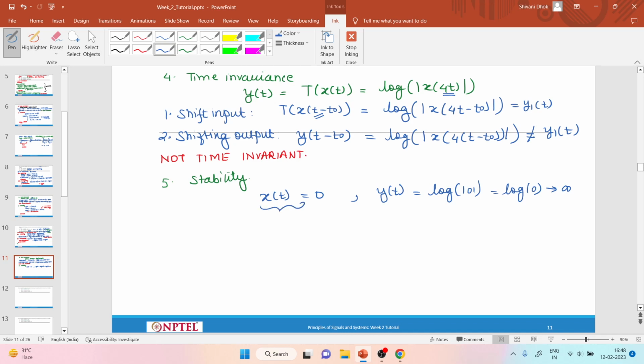And this is a bounded input. So there exists at least one bounded x of t for which I am getting an unbounded output, which means that this is unstable. Any questions for this example?